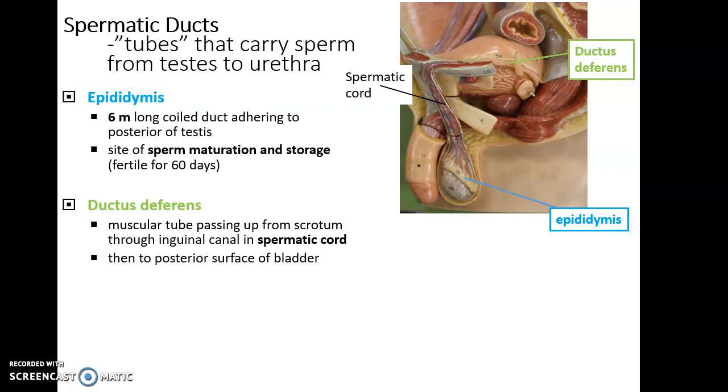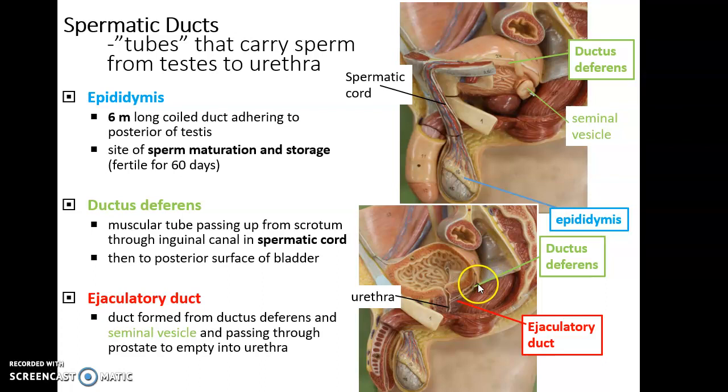However, they're still inactive. The inactive sperm will then travel up through the spermatic cord via the ductus deferens, then pass through the abdominal wall, and then the ductus deferens will travel over the top of the urinary bladder and end at the posterior side of the urinary bladder. And this is all done by muscular contraction, so the sperm are still inactive.